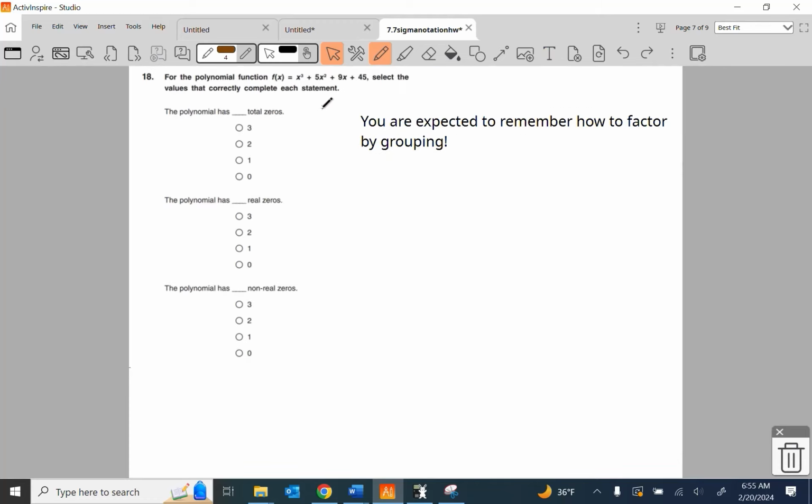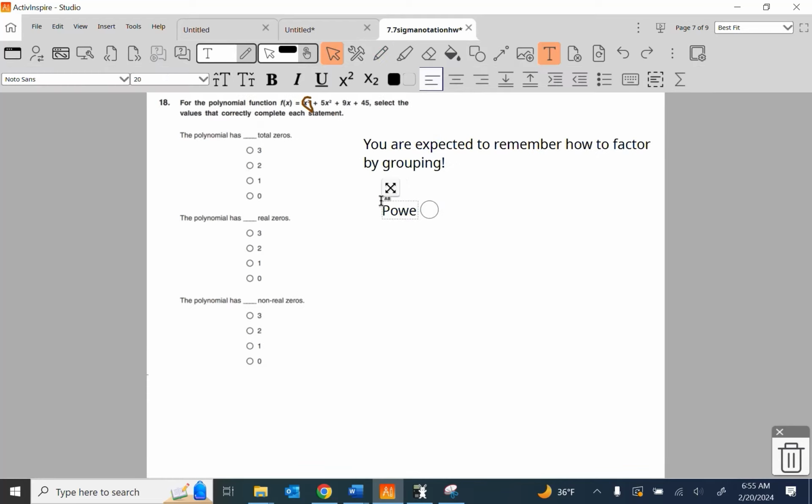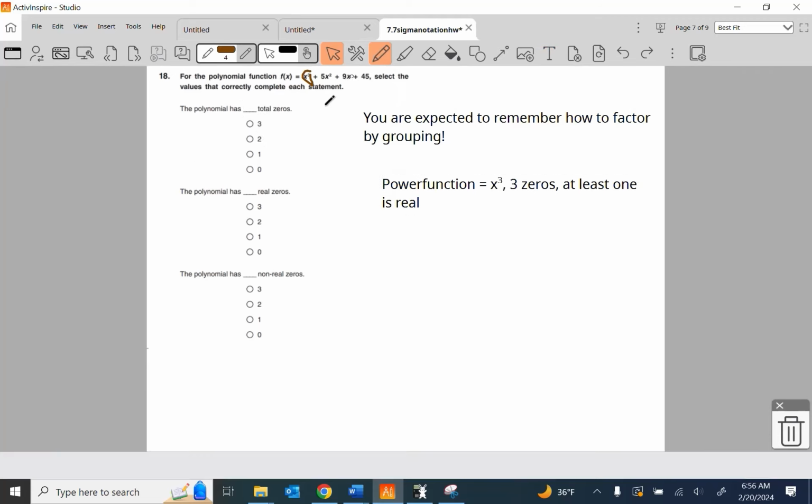Now, total zeros comes from here. The power function is x cubed, which means there are 3 zeros. At least one is real. And that's just a given. Now, we do have a total of 3 zeros.